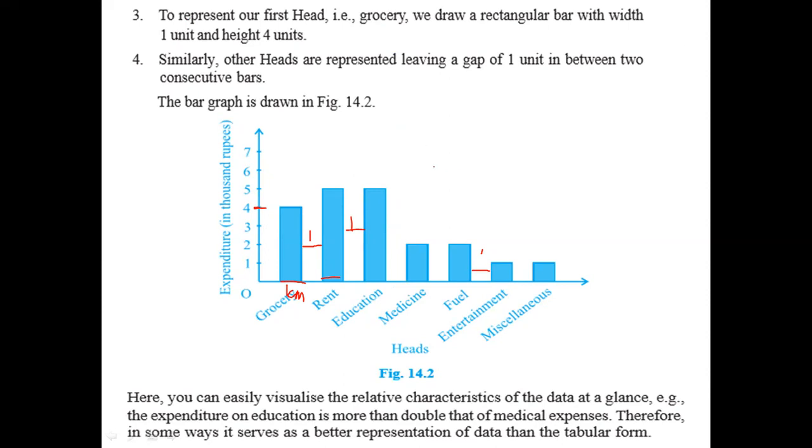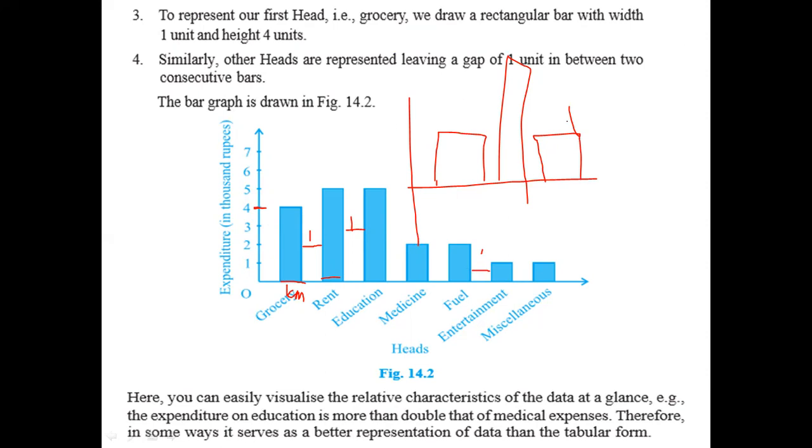In case I had to have a bar graph this way, something like this, and then the next one something like this, it wouldn't have given a very clear image of what it is.